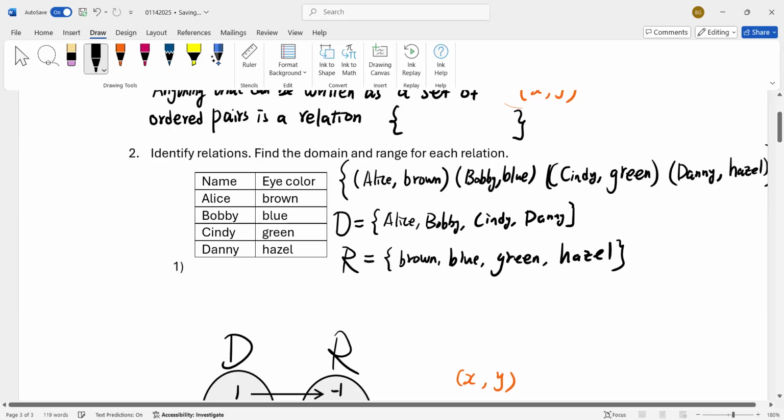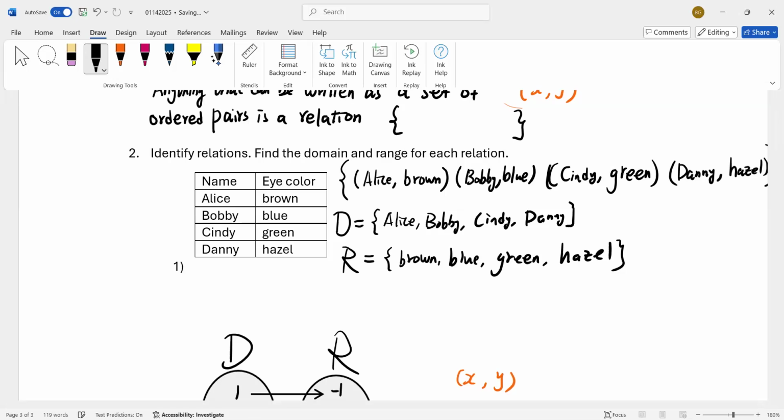Now we need to determine, is this relation a function? Is that condition satisfied? What is the condition? Look at your note. I just wrote it down. For each domain element, for each person, there's only one corresponding range element.